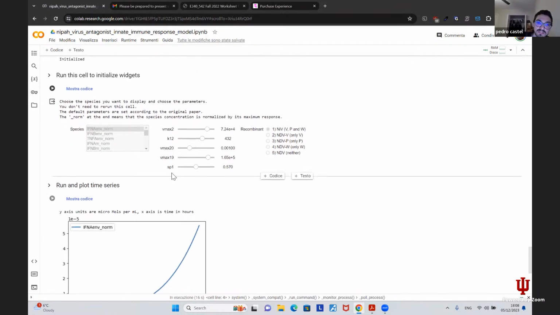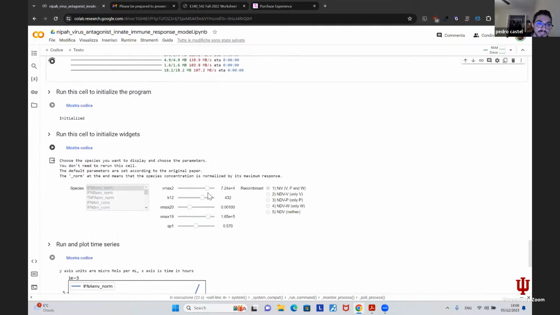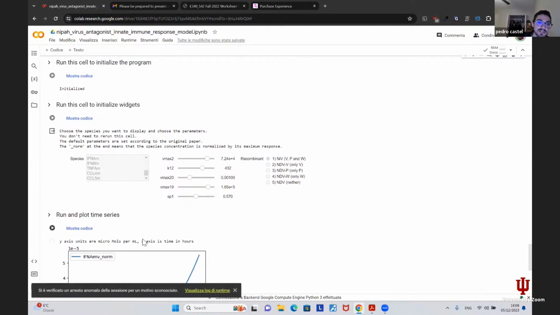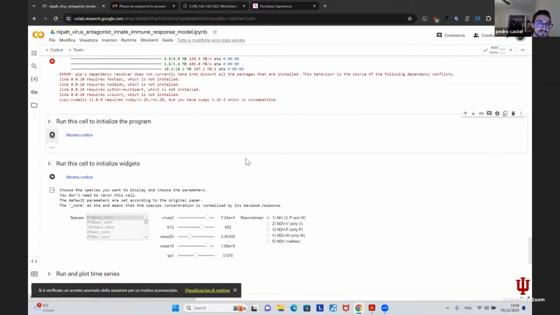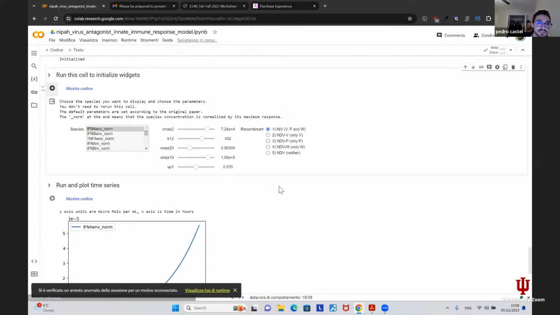Down here, you can see the buttons you can select to specify your simulation, the graphs you want to see, and the outcome. So yeah, it's done initializing; I have to run this the first time. Then I select, for example, IFN alpha environment. Norm stands for normalized.